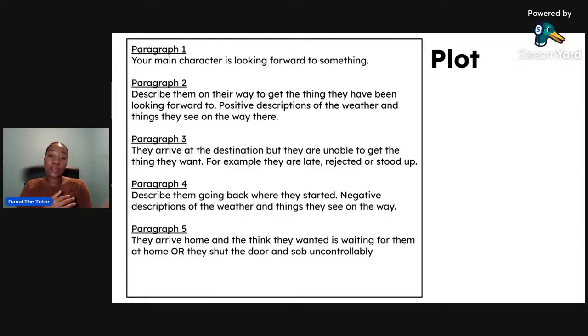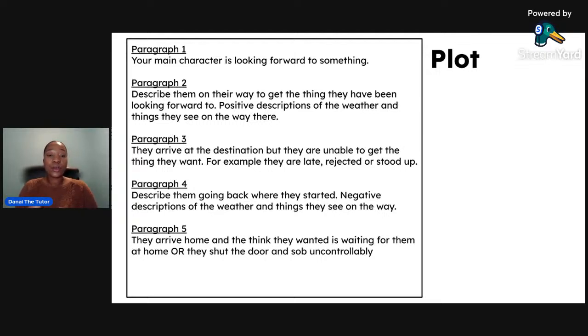It doesn't have to get better, because some stories don't necessarily have a happy ending. But the key thing is there must be some sort of increase in tension, whether it's increasing anticipation, like your character can't wait for something, so you've got an increase in excitement, or perhaps your character is afraid and you increase that sense of fear and tension. That's what keeps your writing interesting.